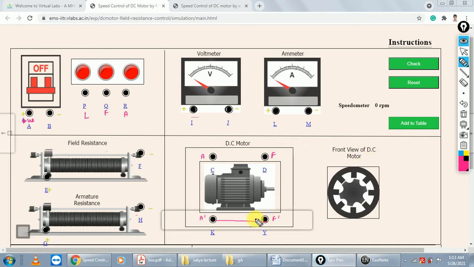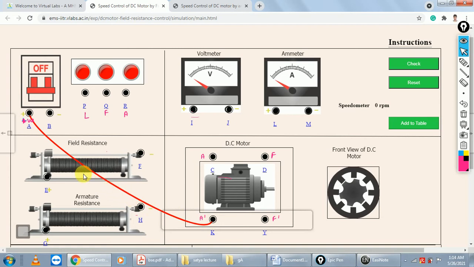Okay, so this is your A and A dash, and F and F dash. Next step is, first connect this terminal, the positive terminal, to this A dash.